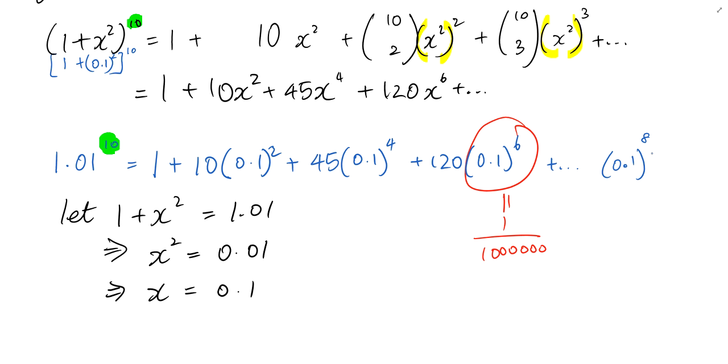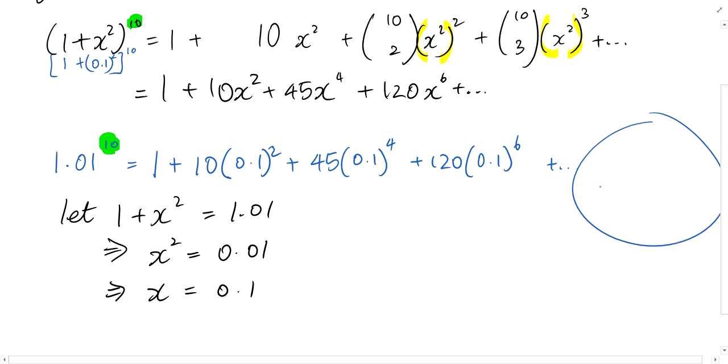Because they are insignificant. So now that I have 0.1 to the power 8, it is even more insignificant. We can throw all those away because they're such tiny numbers. And eventually I'm going to ask you to round off to 3SF. So yes, we're going to have all these plus dot dot dot, but keeping in mind that all these are insignificant.